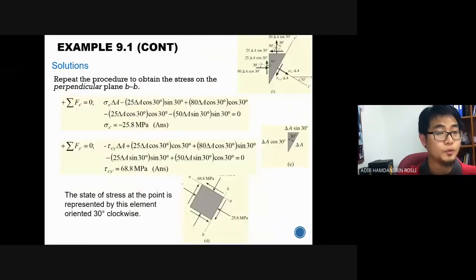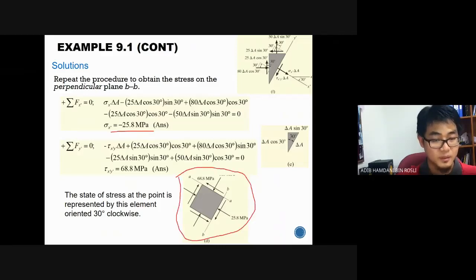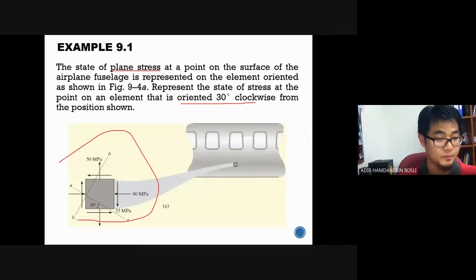And of course, when you do the other one, you will have your minus 25 megapascal. Then you express it as this state. You rotate it 30 degrees clockwise, then sigma x prime, sigma y prime, and tau x prime y prime will be different, but they are equivalent to the one that you saw previously, which was this.